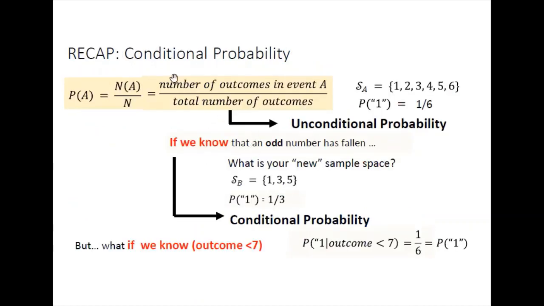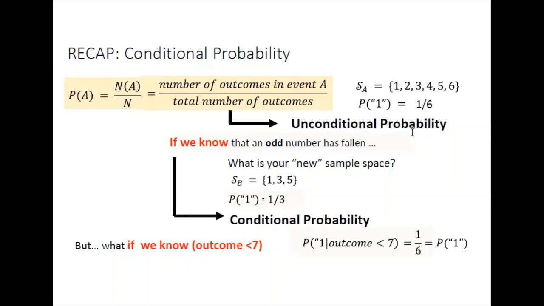You remember that we talked about this example in conditional probability. Suppose the experiment is rolling a dice, so the sample space is 1, 2, 3, 4, 5, and 6, and the probability of observing 1 is 1 divided by 6. It's an unconditional setting.